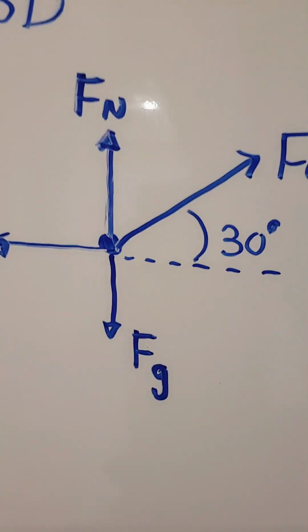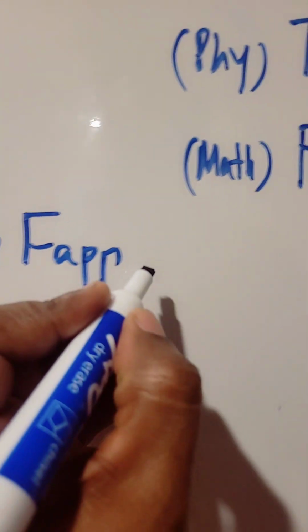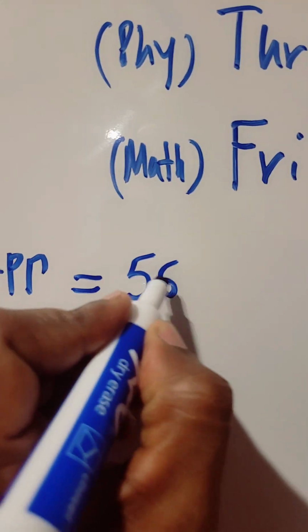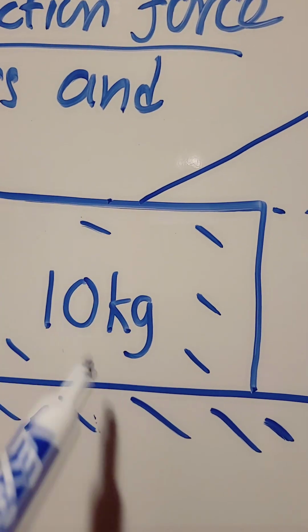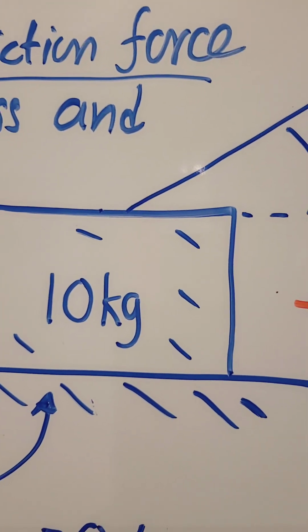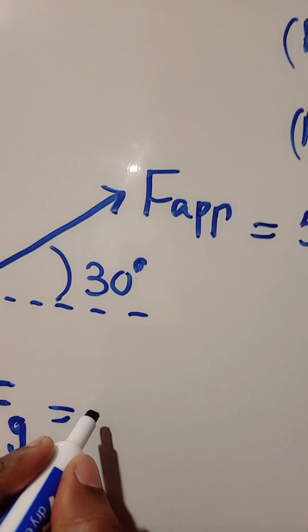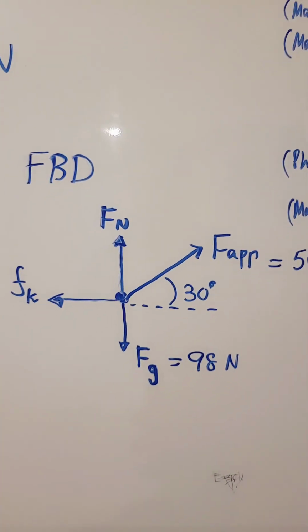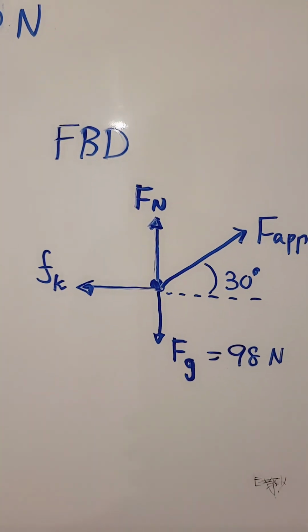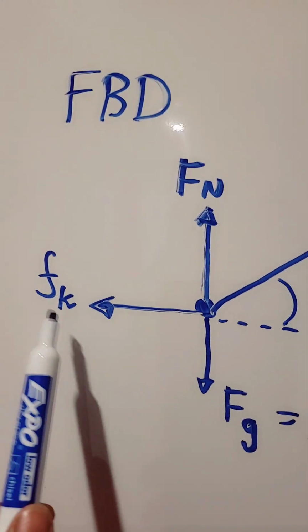Okay, so now I'm going to put the numbers. This is 56 newtons. This one is m times g, 10 times 9.8. Okay, g is 9.8, so I'm going to put 98 newtons. Now the first part of this question is find f of k.